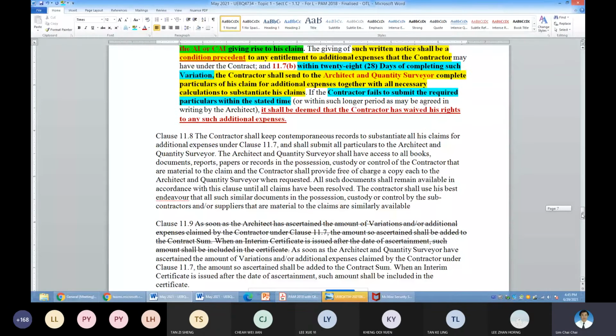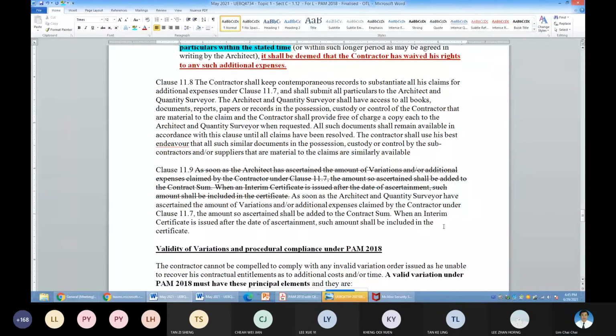So okay, next one is 11.8. If you want to claim for additional payment, this is related to additional payment. Clause 11.7 is additional payment. So you must keep records. What type of record? This is a very important concept. Contemporaneous record.